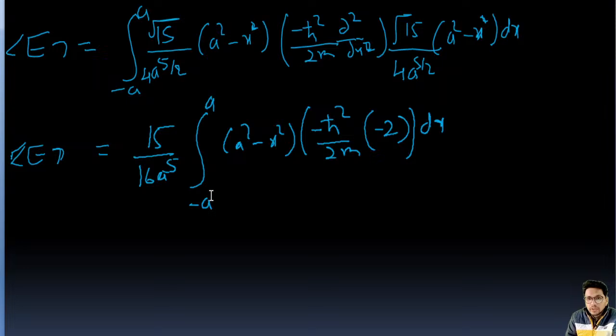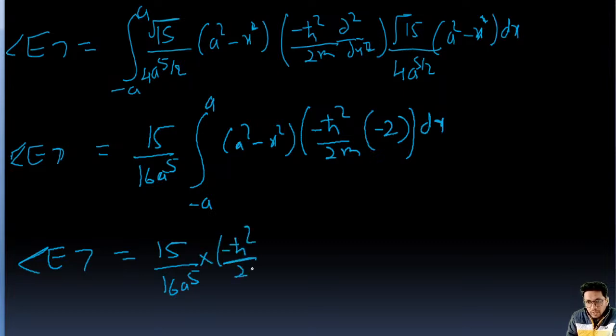So the ground state energy is going to be 15 upon 16 a to the power 5 into minus h cut square upon 2m integration. The 2 we will also take common, so minus minus is going to be plus, and this is into 2, integration from minus a to a of a square minus x square dx.